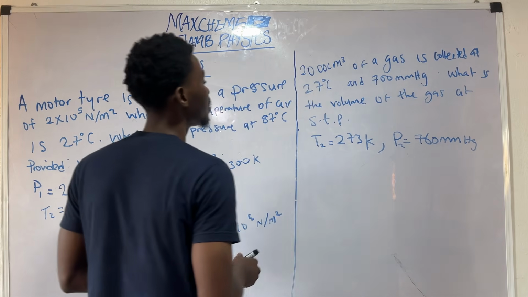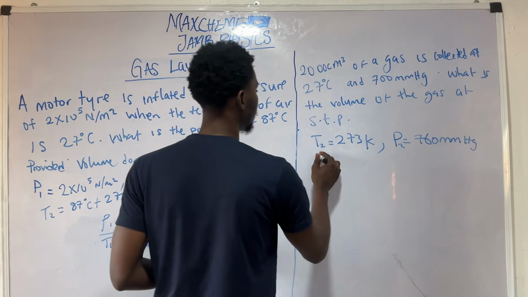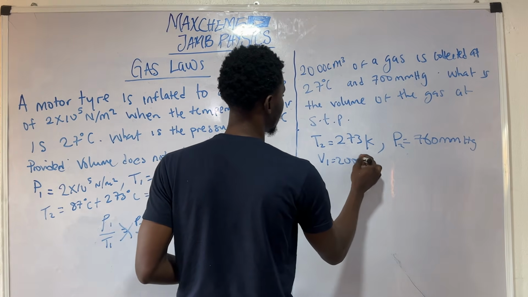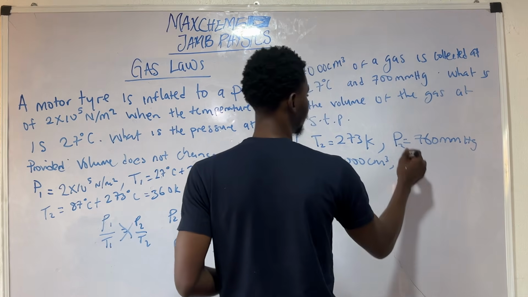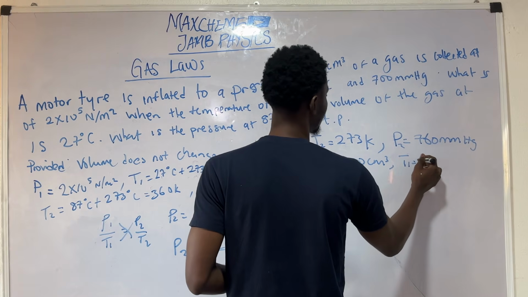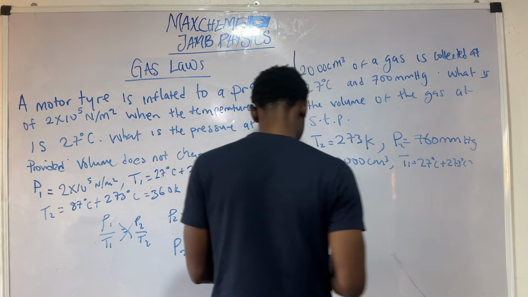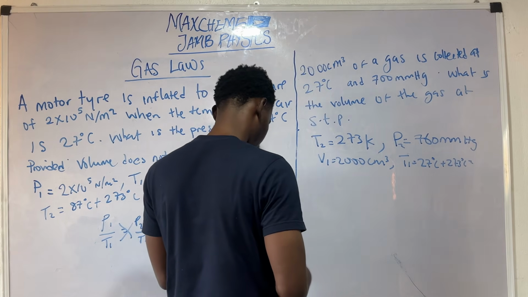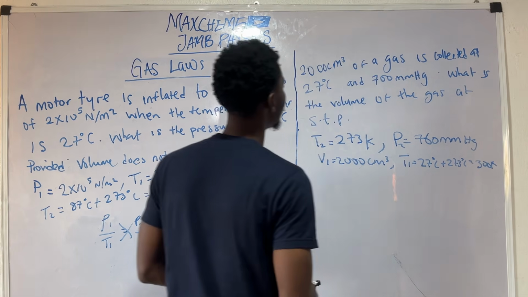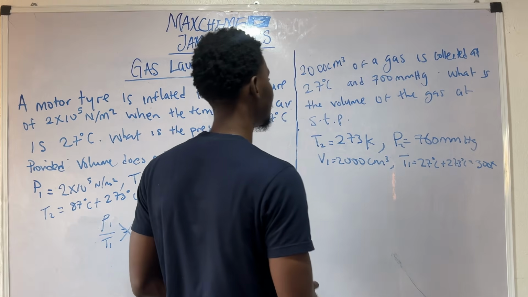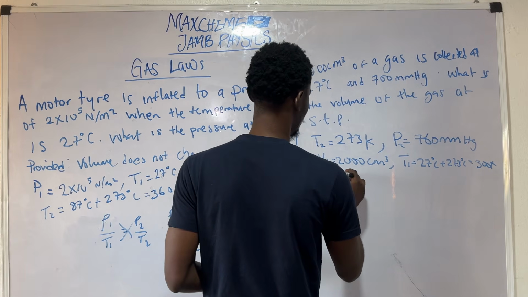We already have our initial volume, V1 is 2000 centimeter cube. Initial temperature is 27 degrees Celsius, adding 273 gives us 300 Kelvin. We are looking for V2.